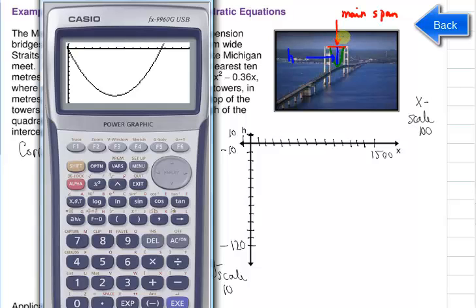So we're looking for roots, or if you have a TI calculator, your zeros. And we go for roots, and you notice that our first root is at 0, 0. Okay, so that would be at the origin.